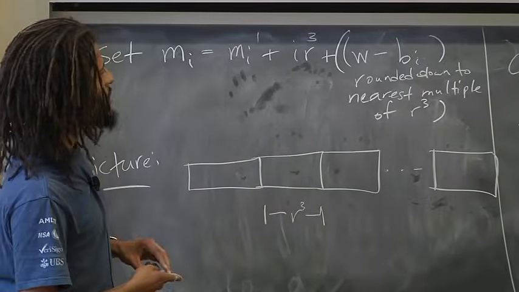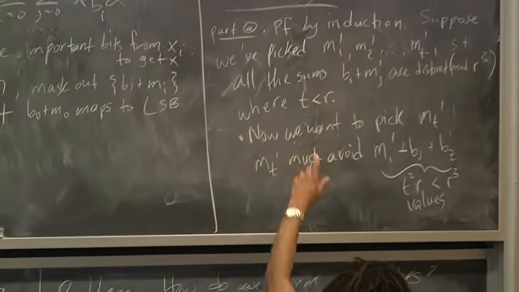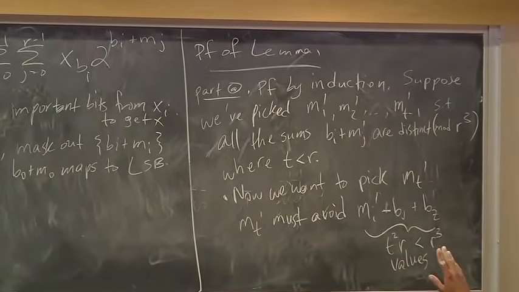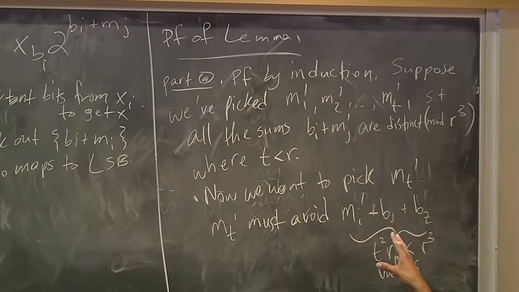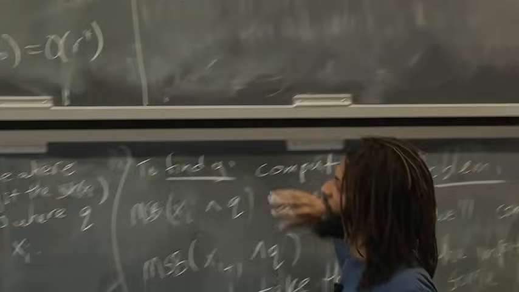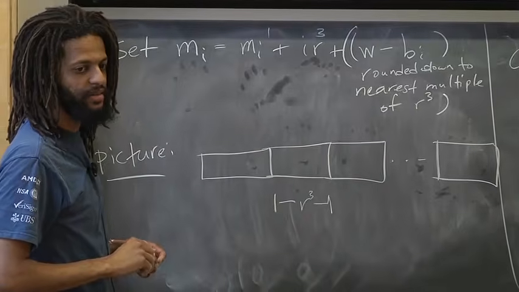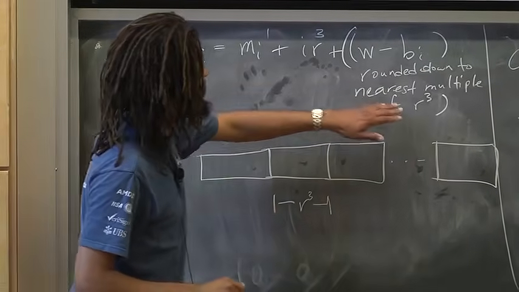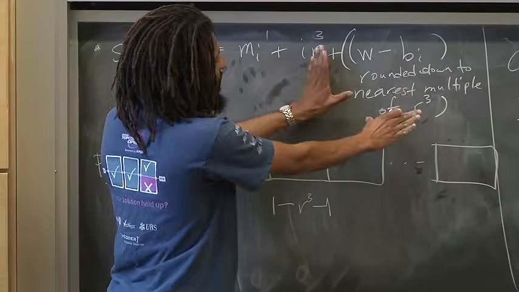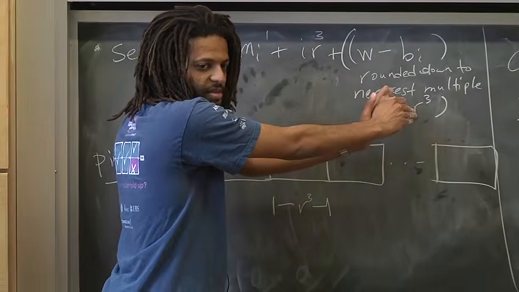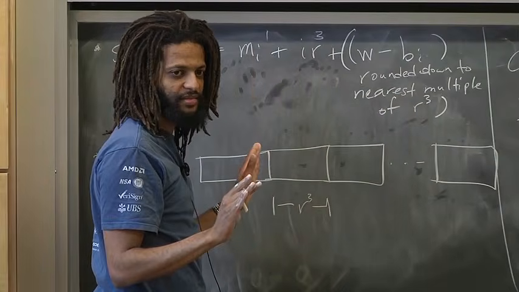But it's true that bi plus mj primes are distinct mod r cubed because that's how we formed the mj primes. But in order to make sure that with the m's they're still distinct, that's why we did this rounding down to a multiple of r cubed, because mi prime plus a multiple of r cubed plus a multiple of r cubed, everything mod r cubed has stayed the same.